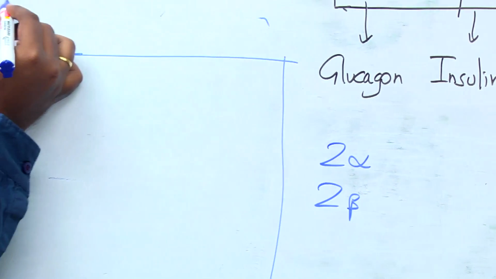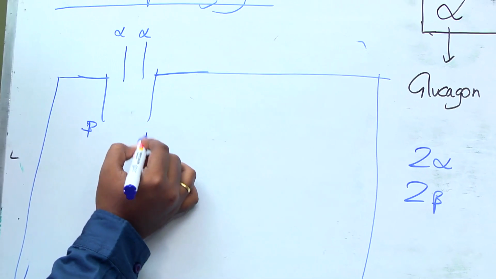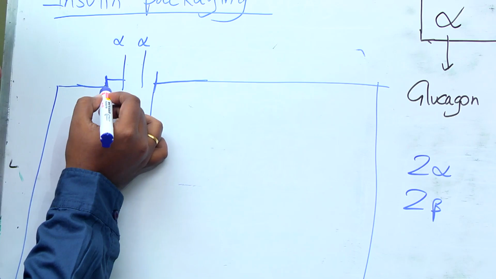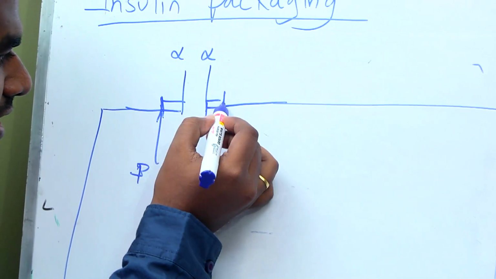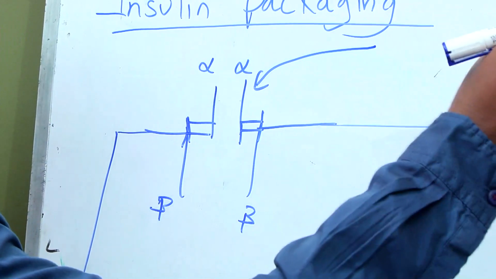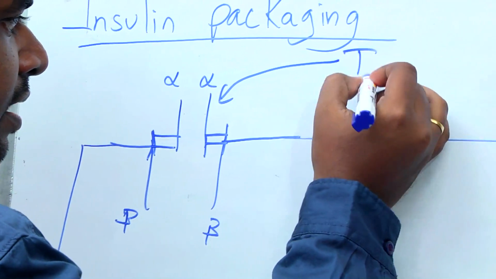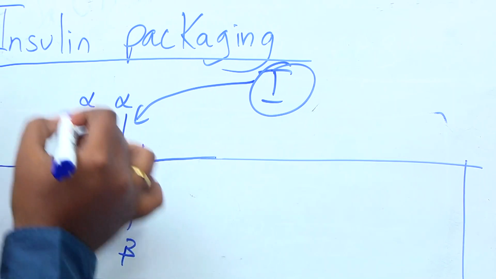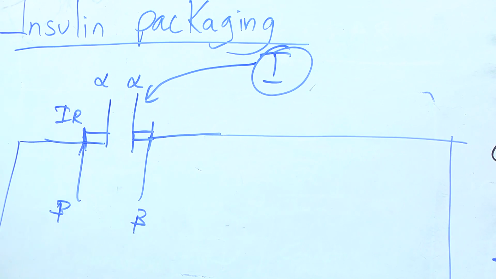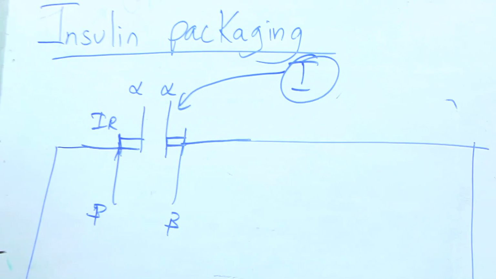So imagine these are the alpha subunits and these are the beta subunits. The alpha subunits and the beta subunits are connected again by disulfide bridges. So the first step, when the insulin is secreted, this insulin comes and binds to the insulin receptor.